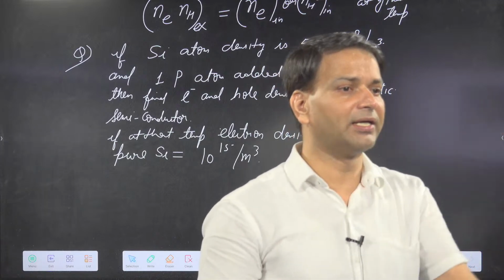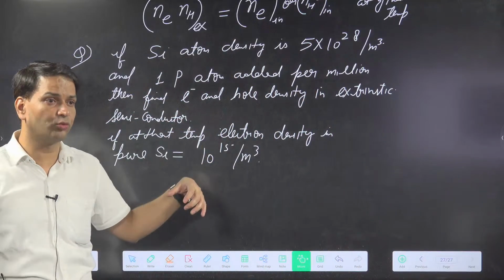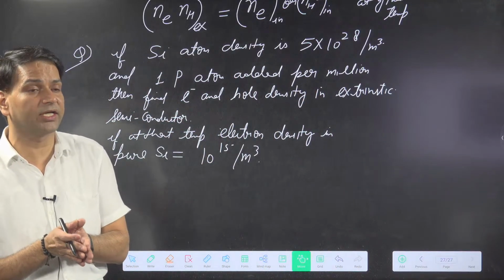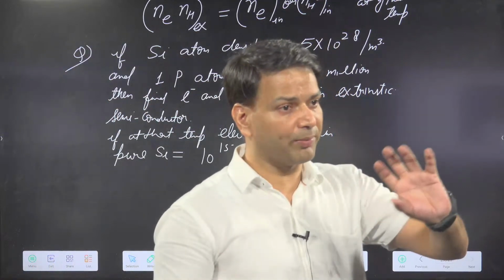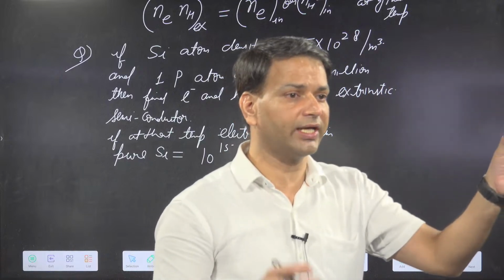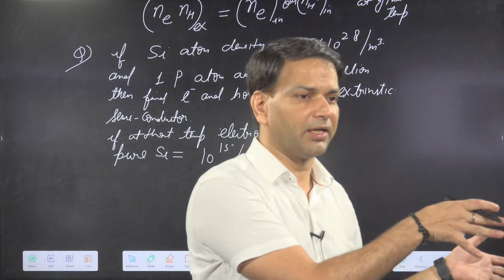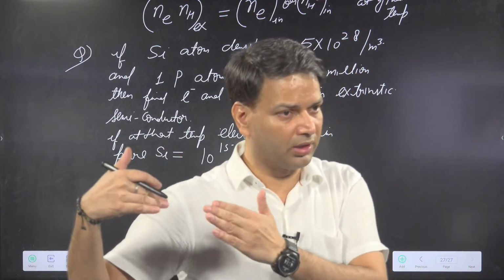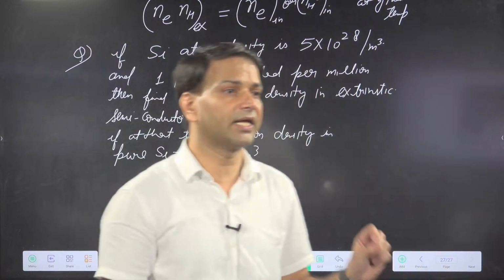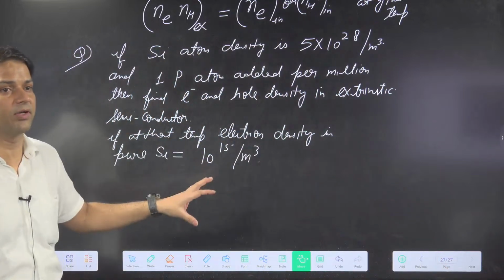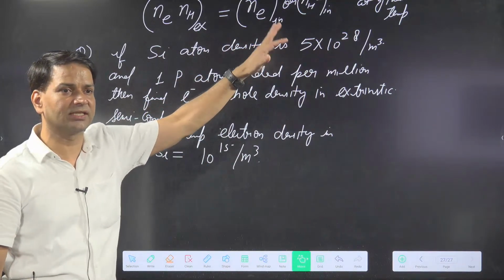If you are adding pentavalent impurity, it will create an n-type semiconductor, so the electron density you will take is the number of pentavalent atoms added. So directly the number density of hole or electron is the number of trivalent or pentavalent atoms added. After that we will use the relation Ne into NH for extrinsic is equal to Ne square or NH square for intrinsic.